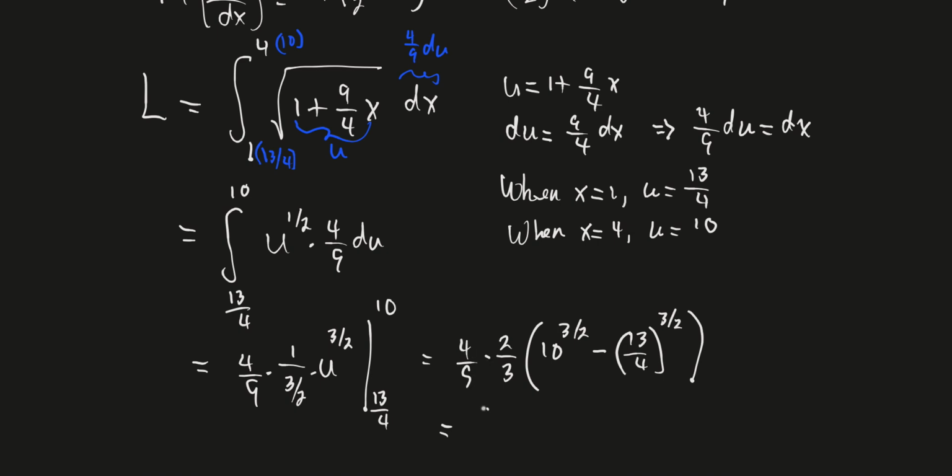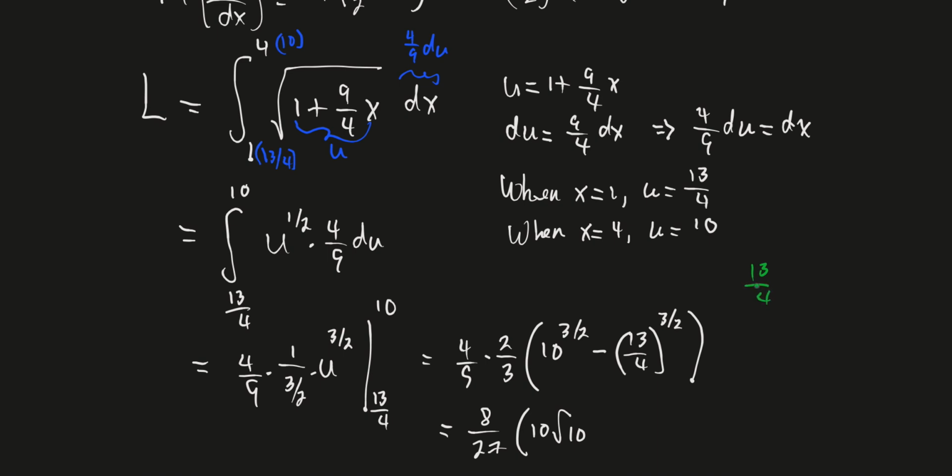So we have 8 over 27, that's my constant. Now 10 to the 3 halves, that's 10 root 10. And then similarly, 13 over 4 to the 3 halves, that's 13 over 4 times root 13 over 4. Now, but root 13 over 4, let me do this off to the side here.